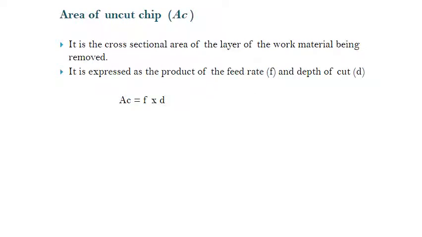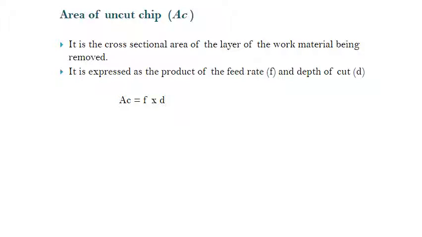Area of uncut chip is the cross-sectional area of the layer of the work material being removed. It is very important. It is expressed as the product of feed rate f and depth of cut d.